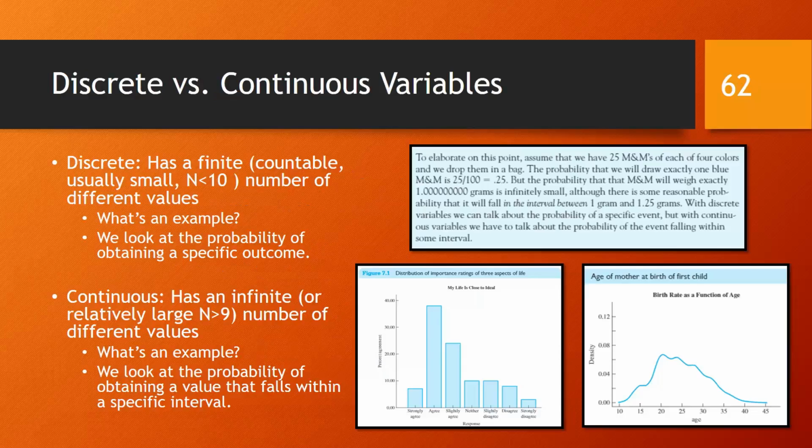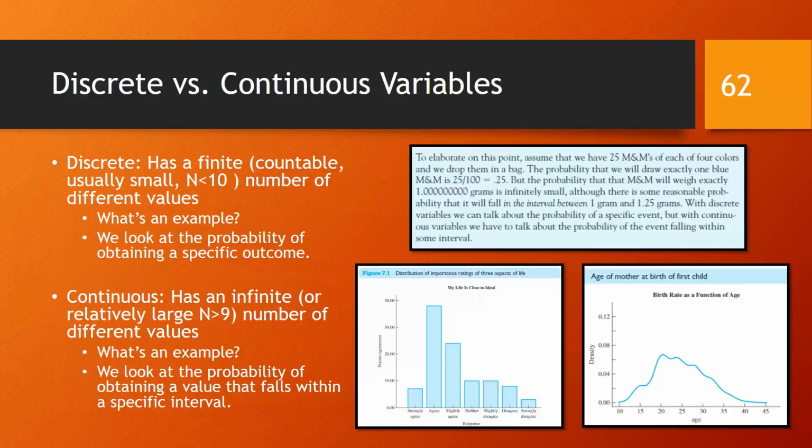Now look at the plots of data for discrete variables and continuous variables. Notice how differently they must be represented. Proportions for discrete variables translate directly to probabilities. What is the probability that a person chosen at random will agree that his or her health is close to ideal?